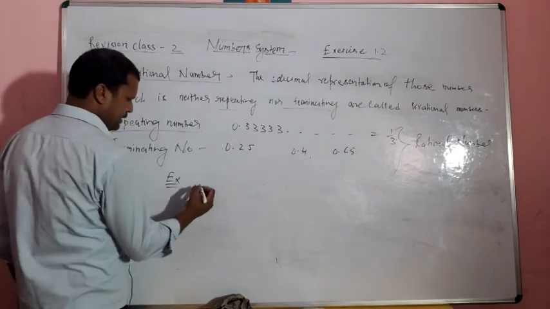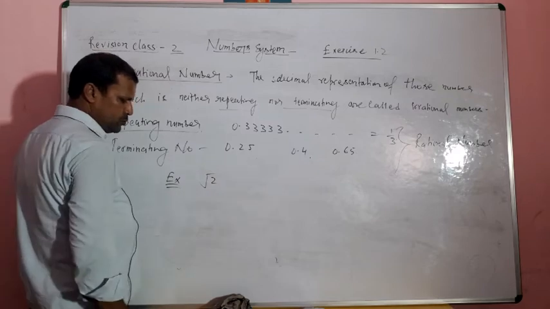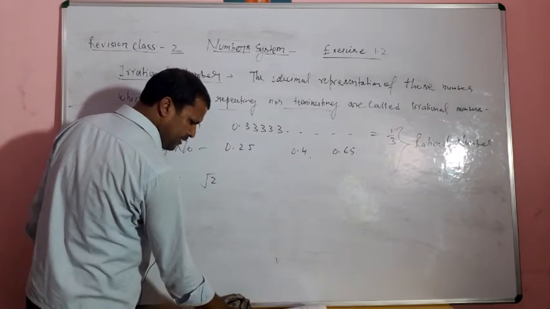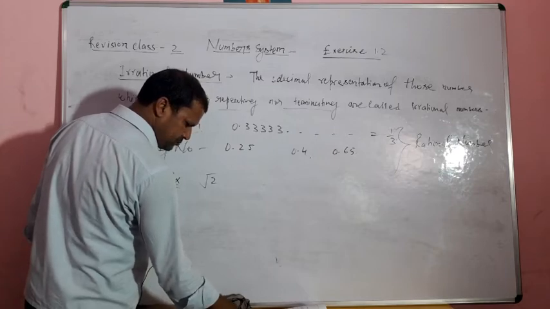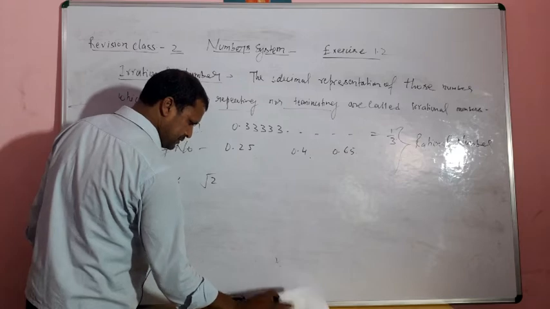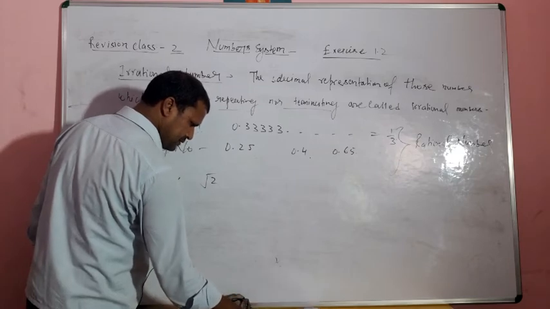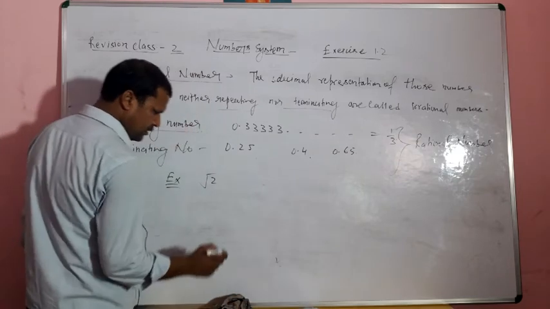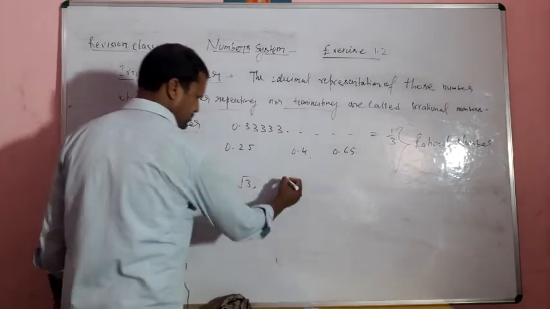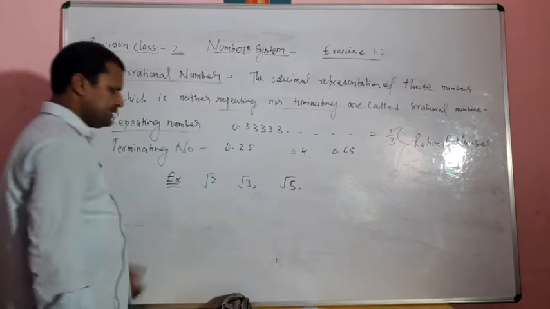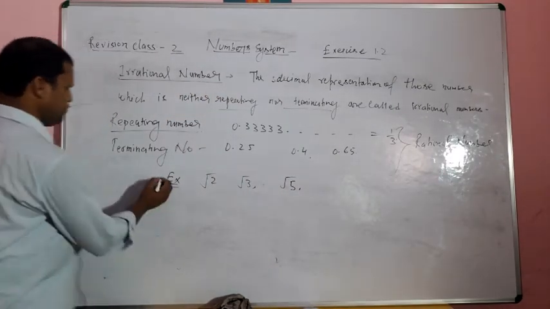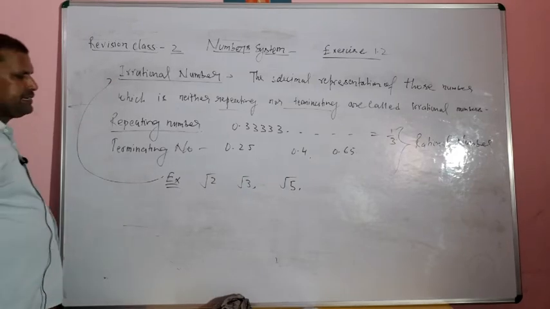See the example: √2 is neither repeating nor terminating. √3, √5, these are examples of irrational numbers.